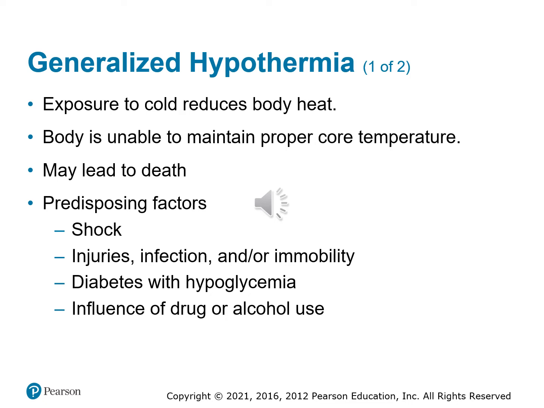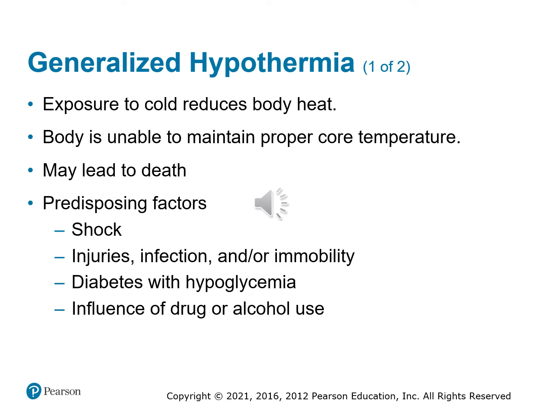Now, there are some predisposed factors that are going to enhance the rate of cooling of the body. So things like shock, because obviously you have some sort of issue going on in the body already. So the body's already struggling to maintain its natural environment.